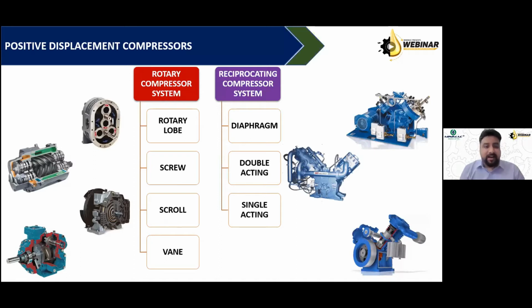The next slide, I would be talking about the dynamic compressors. So first, let us understand under positive displacement compressors, there are two broad classifications. Now, these have been done and carried out based on the construction and the principle of operation of the compressors. So these are basic classifications based on construction and operation.